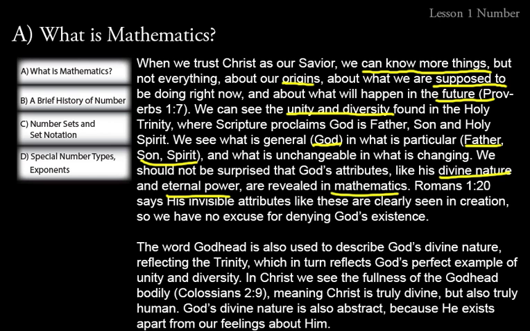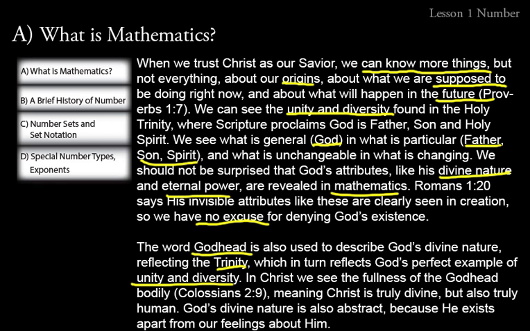Romans 1:20 says his invisible attributes like these are clearly seen in creation, so that we have no excuse for denying his existence. The word Godhead is also used to describe God's divine nature, reflecting the Trinity, which in turn reflects God's perfect example of unity and diversity, this attribute that is important in mathematics.